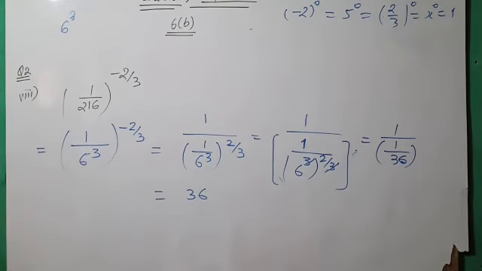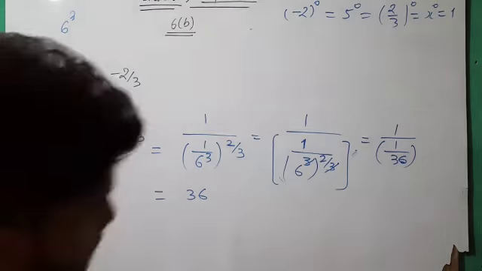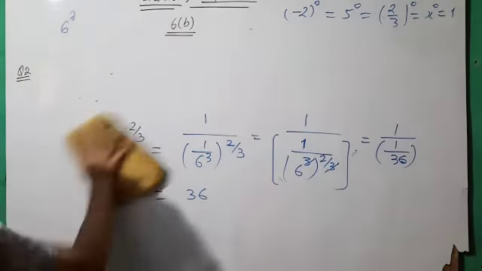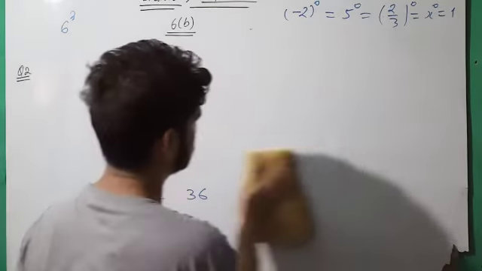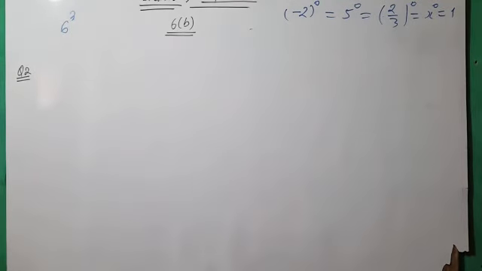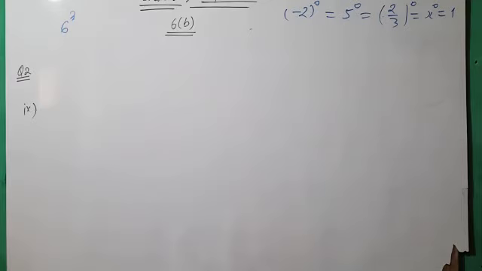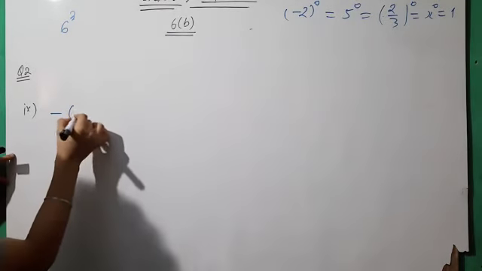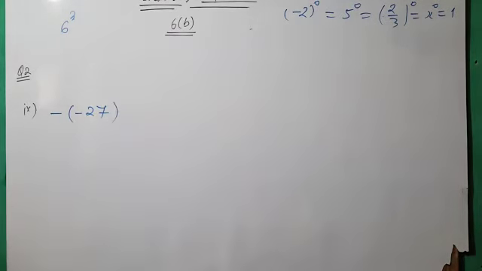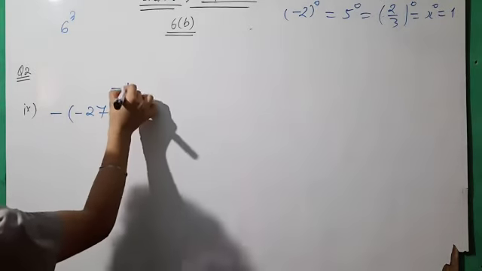Now, ninth part. Ninth part: minus of minus 27 to the power minus 4 by 3.